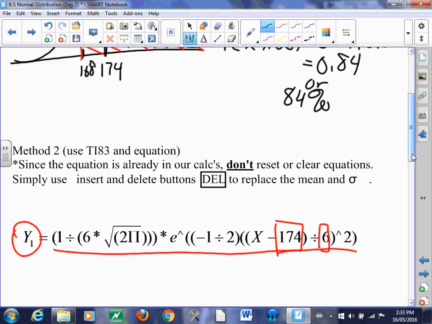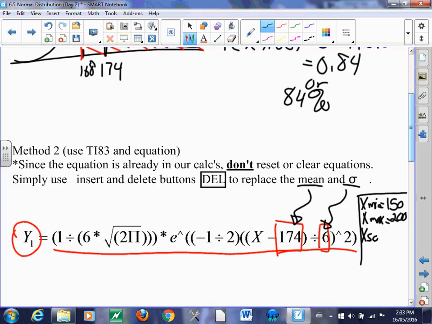All right, so, ladies and gentlemen, remember the mean is right here and the standard deviation is right there. We need to get a window set up. So for our window, let's make x min equal 150 because it's below our data. X max, let's make it 200 because we got to cover all the possible heights.